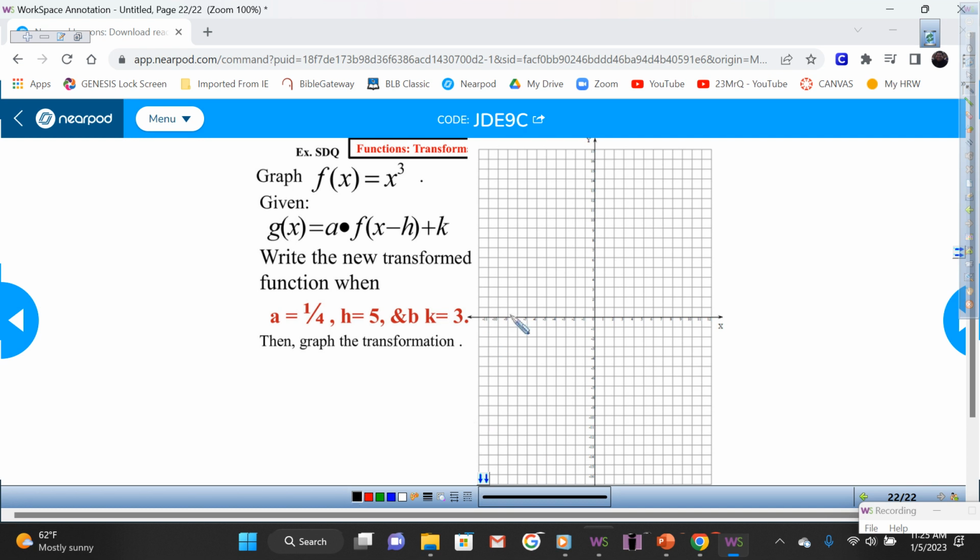All right. Here we go. For the sake of time, look up to the screen. You should have done this. -2, -8. -1, -1. 0, 0, 1, 1, 2, 8. All right. This is our cubic function.